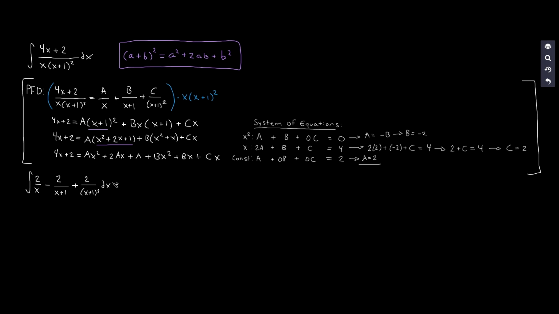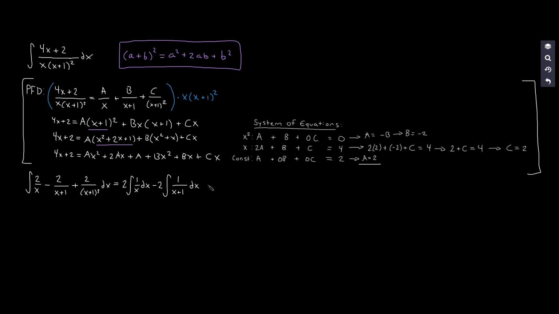And then I'm going to factor out that 2 from this first integral here. But bear in mind that this is 3 separate integrals. So this is going to be 2 times the indefinite integral of 1 over x integration with respect to x minus 2. I'm going to factor out that 2. Then we're going to have 1 over x plus 1 integration with respect to x.